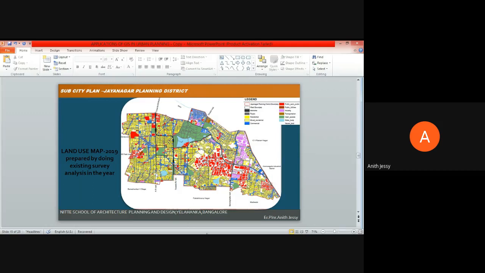So this land use map, which was prepared, helped us in understanding more about the changes in land use categories. When it comes to residential, we could see a high reduction, about 6% loss of residential area, and we found an increase of about 4% in the mixed residential category.